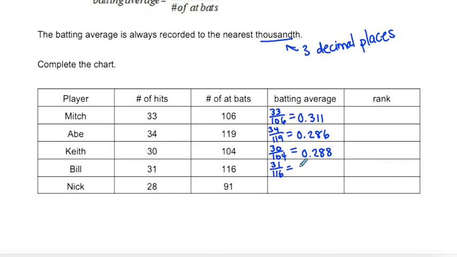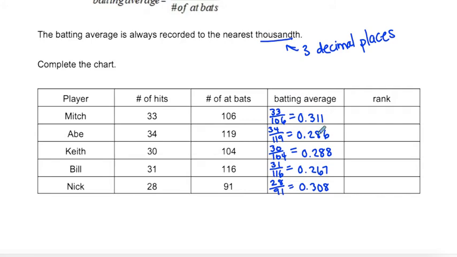And that gives us a value of 0.267. And lastly, Nick has a batting average of 28 over 91. And that gives us a value of 0.308 because we have to round that 7 up.